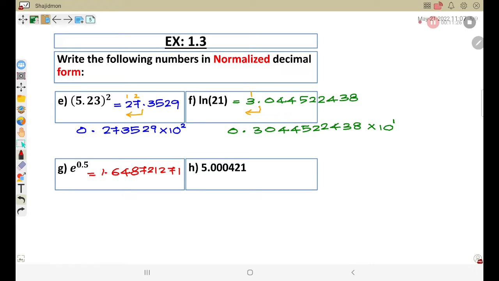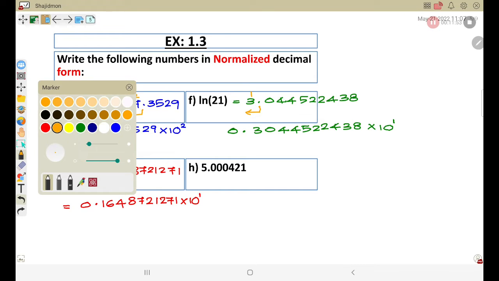Now we will write this number in normalized form as usual. 0.1648721271 multiply 10 power 1, because only one number before the point. So to write the normalized form, it is easy, not difficult. Okay, we will go to the next one.